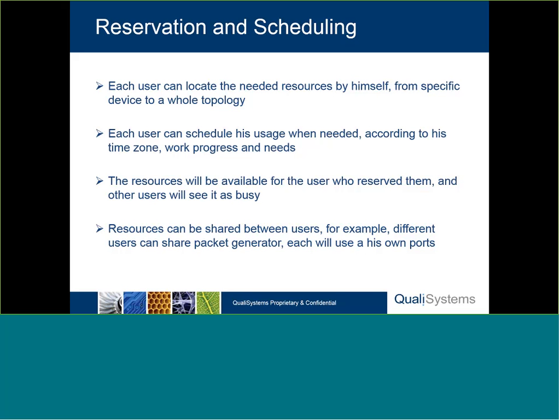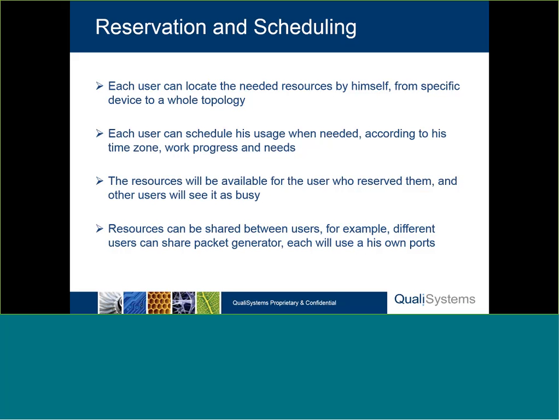The resources will be available for the user who reserves them, and other users will see them as busy, meaning that if I have a topology reserved to myself, nobody else can reserve it, and nobody else will take it because they will know that I'm using it. And now resources can be shared between users. For example, different users can share a packet generator, each using its own port.